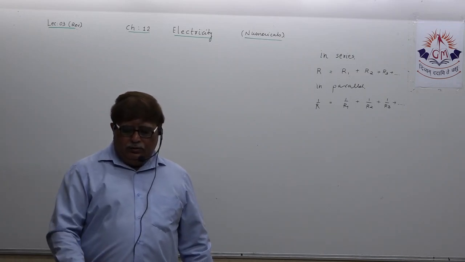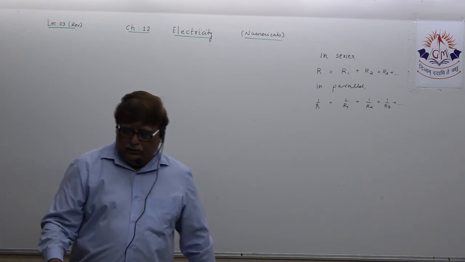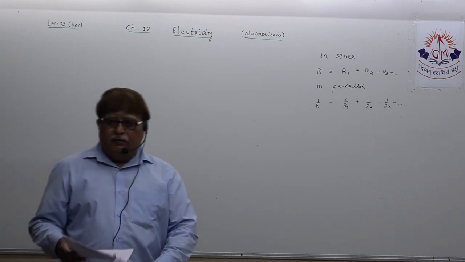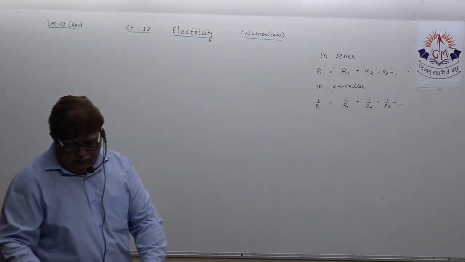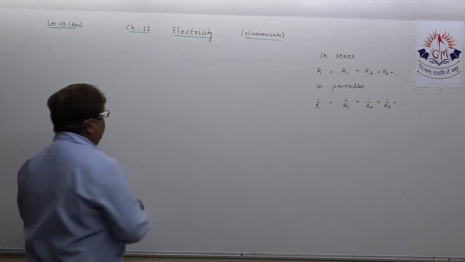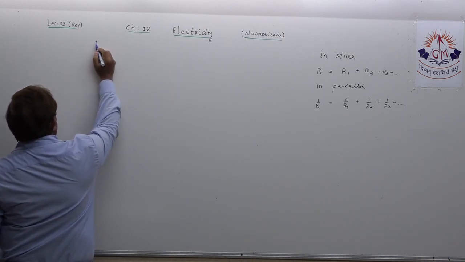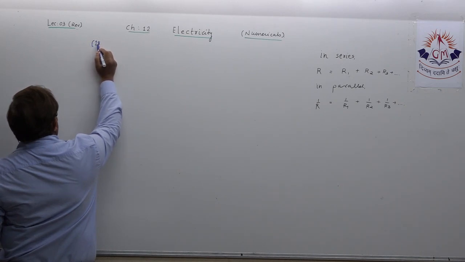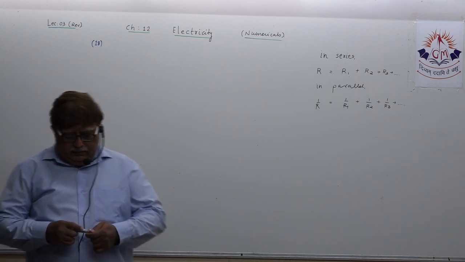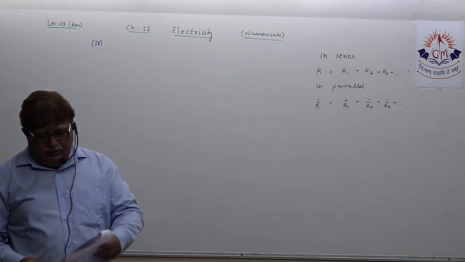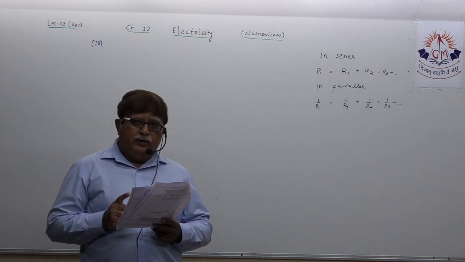I am not going to write the complete example here; I will just read it out. Example number 18, and I will just draw the schematic circuit diagram here. There is no need to write the complete example. What is that? See, an electric lamp.